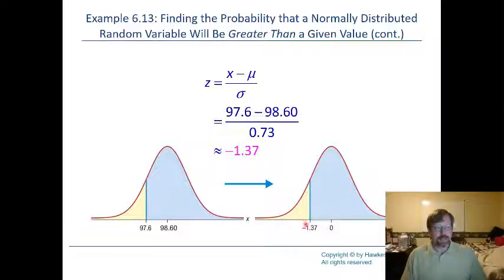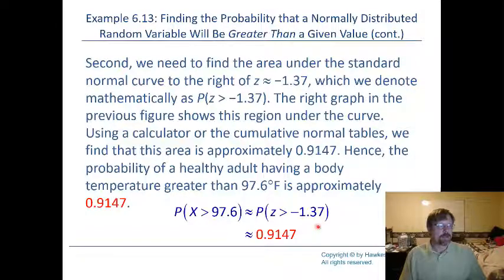Or we can take advantage of this being symmetric, because all normal curves are symmetric, and look at positive 1.37 instead. The probability that something is to the left of positive 1.37 is the same as the probability that something will be to the right of negative 1.37. Same difference. If we do that, we end up with 0.9147.